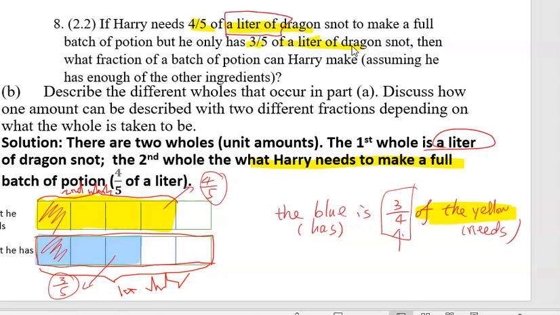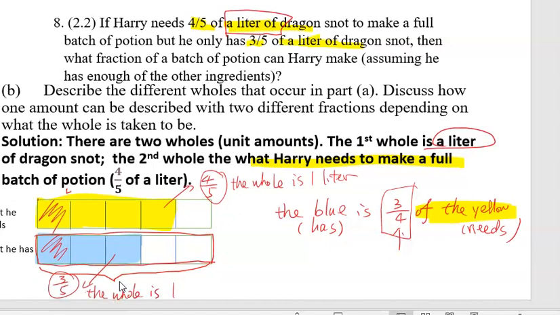So for 4/5, the whole is 1 liter, and also for 3/5, the whole is also 1 liter of dragon snot.